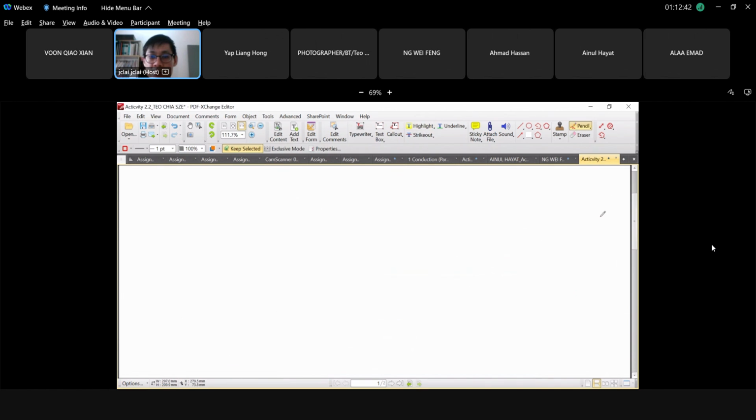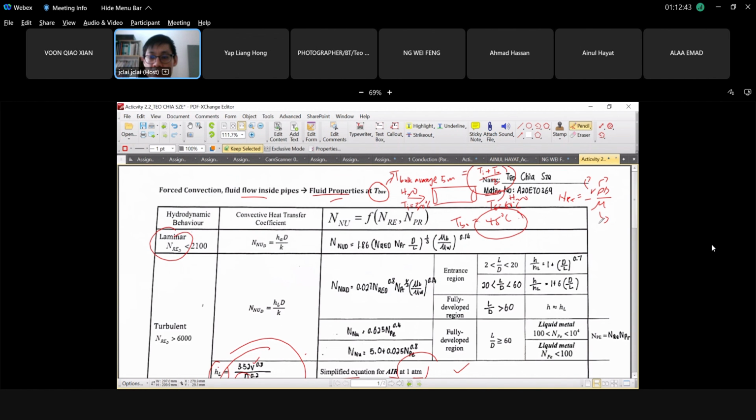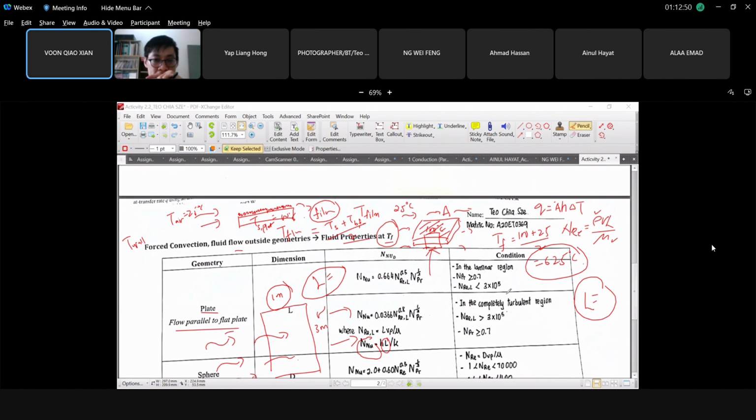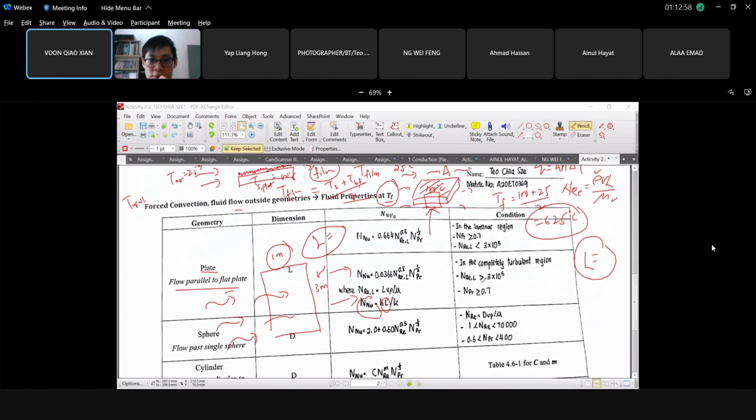I'm curious about the temperature. Can you scroll down? So the temperature range for the correct one is the one showing here? I mean, for the first table. First table. Yeah. This one.